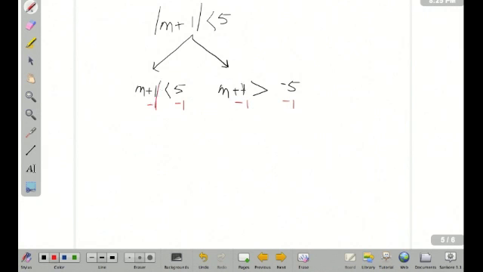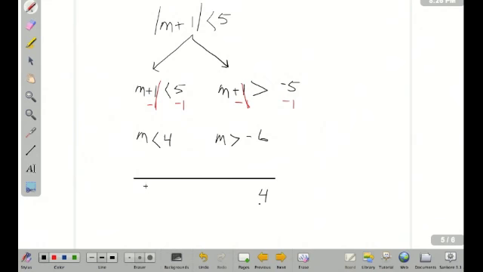These cancel like they're supposed to. And then I simplify. M is less than 4. And m is greater than -6. If we're going to graph these, on my positive side, I have a 4.